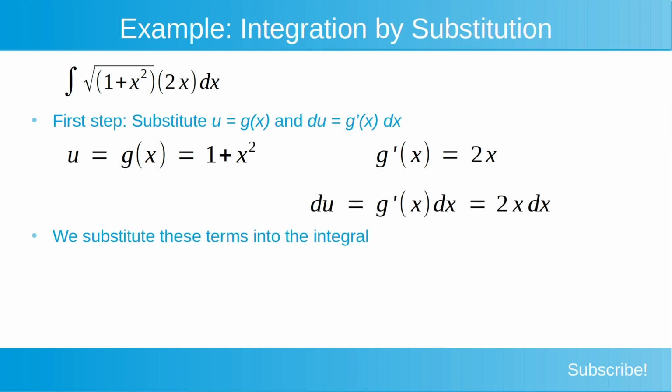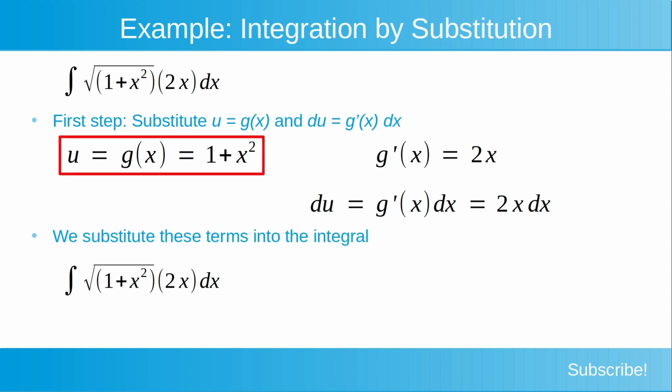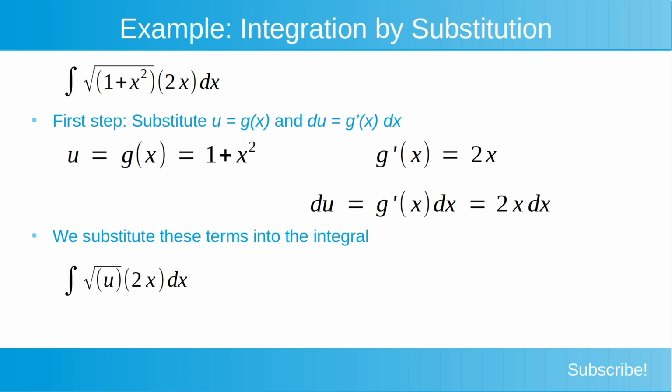Next, we're going to substitute these terms into the integral. So we have our indefinite integral of the square root of 1 plus x squared multiplied by 2x with respect to x. And we want to substitute the variable u for 1 plus x squared. When we do that, we get the indefinite integral of the square root of u multiplied by 2x with respect to x.